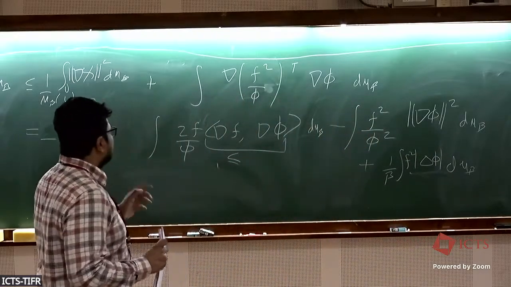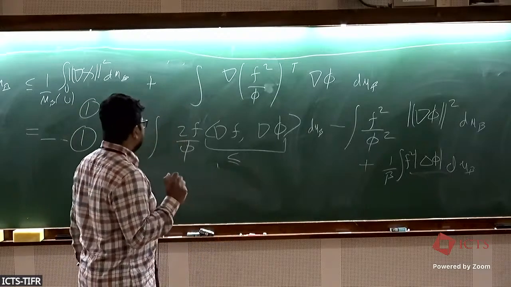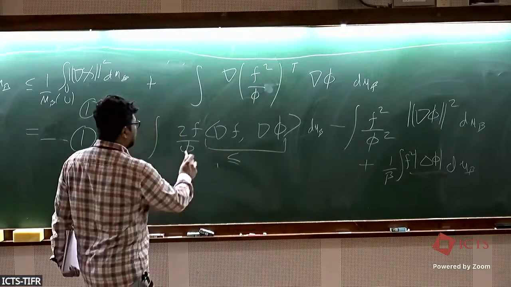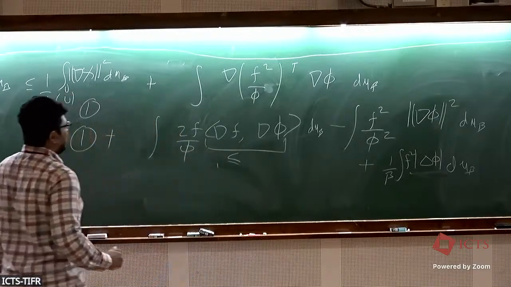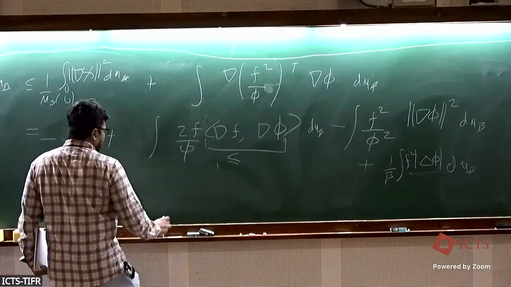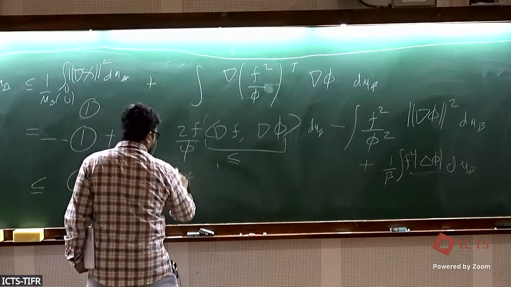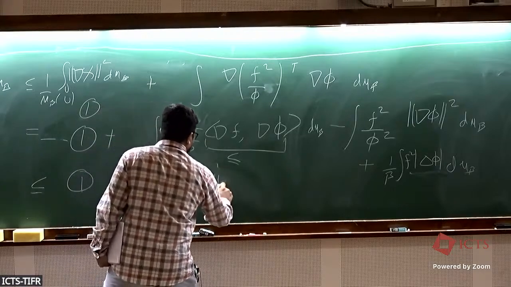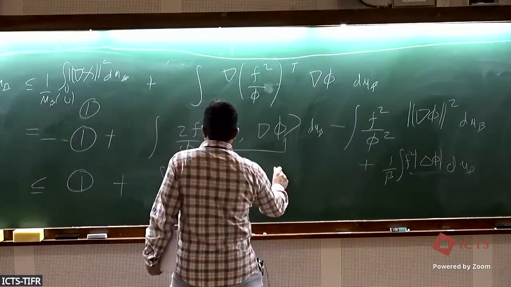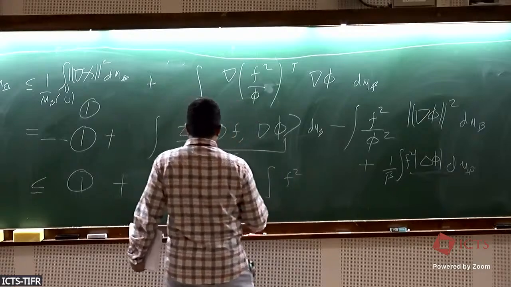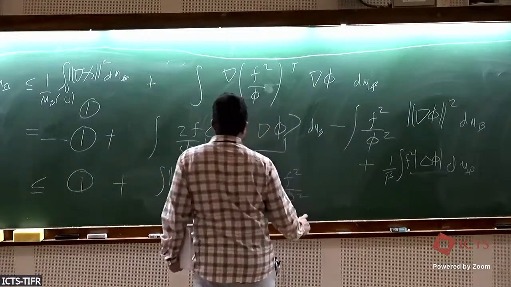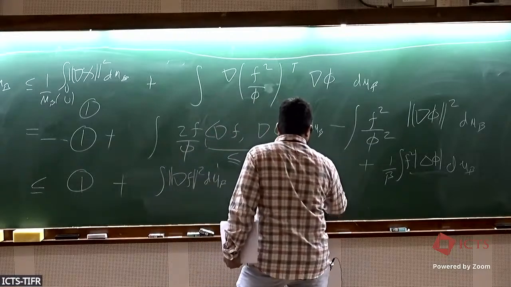Now what I can do is Cauchy-Schwarz here. What do I get out of it? I get that this whole thing is upper bounded by 1 plus integral gradient f squared under d mu beta. That's good. Then I'm going to have another term, which is integral f squared divided by p squared, gradient phi squared.